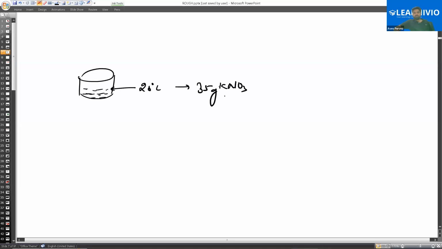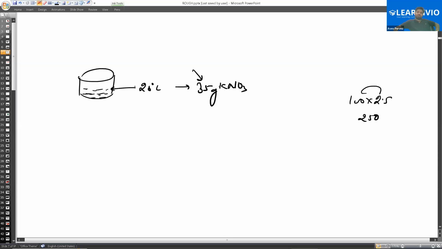Now if instead of 100 gram, you take 250 gram, then how much can you add? In 100 gram, you can add 35. In 250 grams, since 100 gram multiplied by 2.5 gives 250 grams, you have to multiply this also by 2.5.